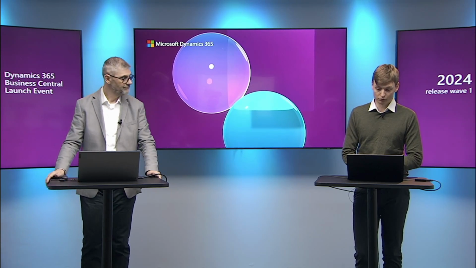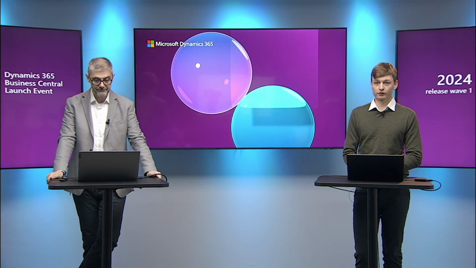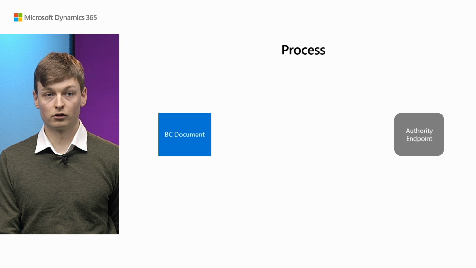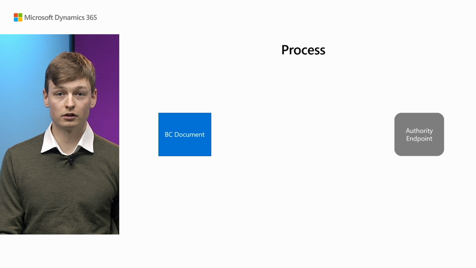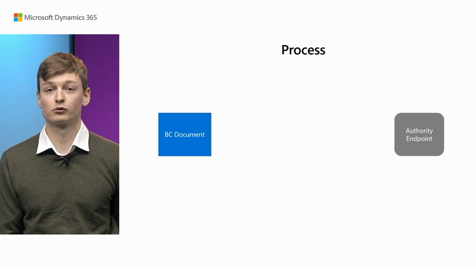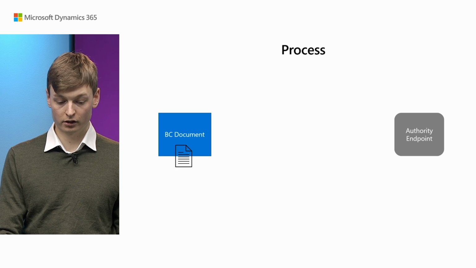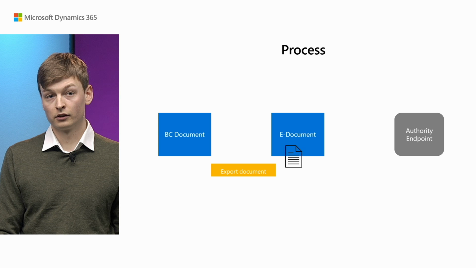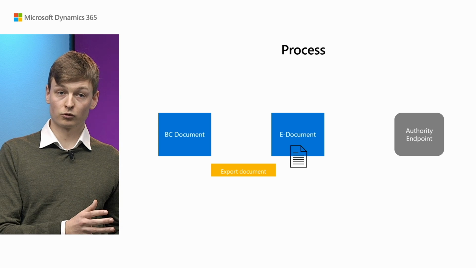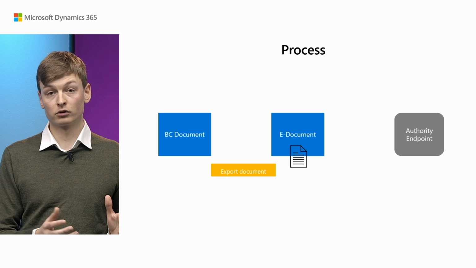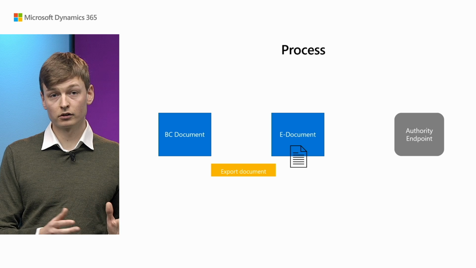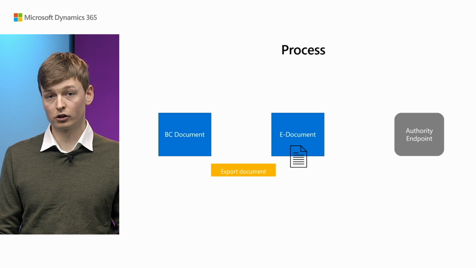So that's super cool. Let's recap a little bit of the process that I showed you for both sales and, vice versa, purchase. Essentially, we have a BC document that we need to send to some authority endpoint, usually. And we created e-documents such that you take a Business Central document, you use an export format to create this into an electronic document version.